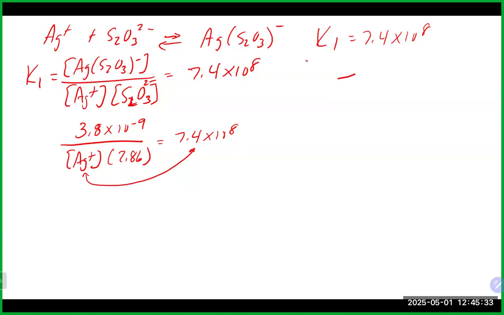And that would give us a silver concentration that equals 3.8 times 10 to the minus 9 divided by 7.4 times 10 to the 8 and 2.86.